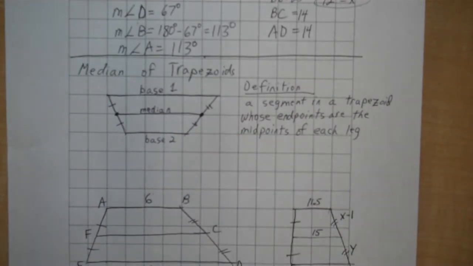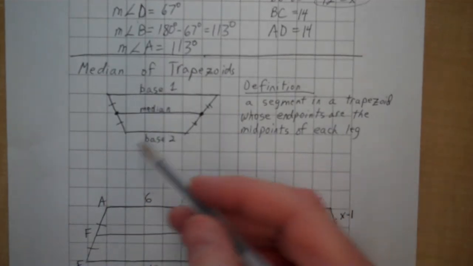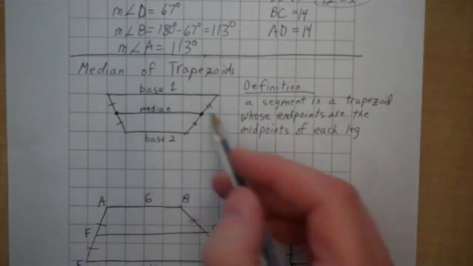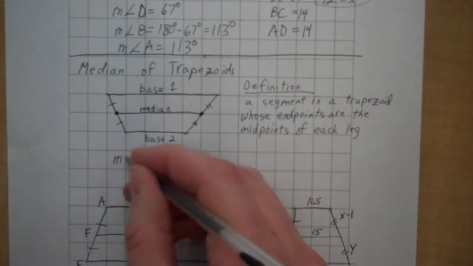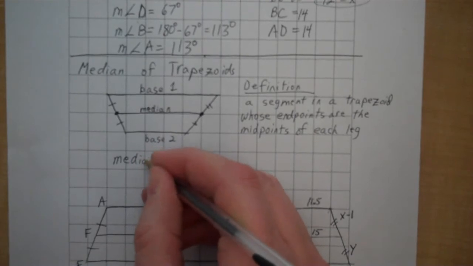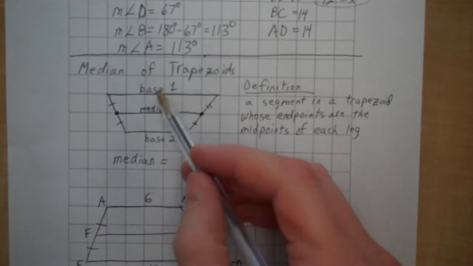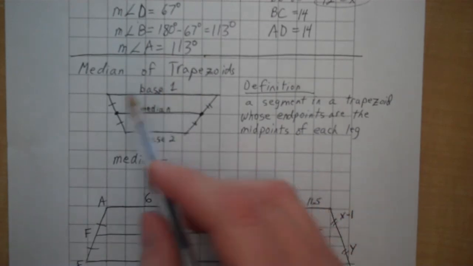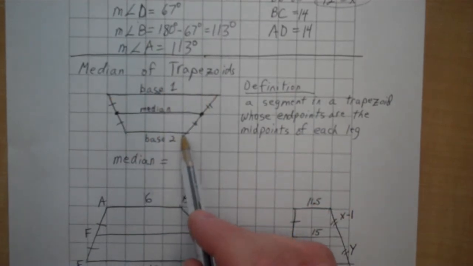In addition to that, base 1 and base 2, we have the theorem that the length of the median, and we'll just put it in a formula without variables. The median is equal to the average of the bases. You got this long base up here, you got this little base down here.